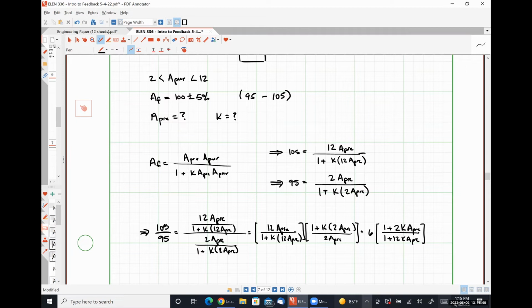And so effectively, I have a one equation, one unknown system that allows me to calculate my loop gain, right? So I can just lump Ka pre together as a single unknown quantity.